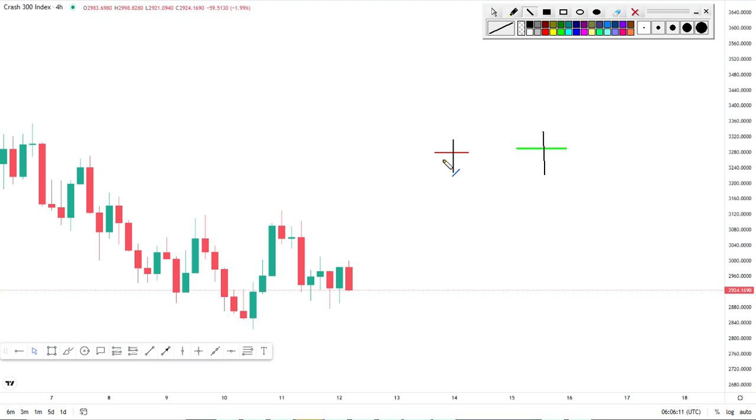So the opening and closing of this candle is almost at the same place. That's why they call this the indecision candlestick, but popularly known as Doji. This one is a bullish Doji, and this one is a bearish Doji.